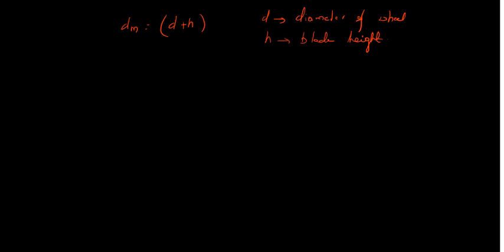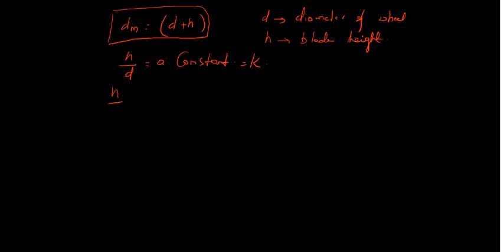Right? Now we have a standard value for any particular design. This h by d is a constant value. If you remember this constant value, and sometimes it is given in the problem statement, you can find the value of mean diameter, right? And generally we represent h by d as a constant. And how do we represent a constant? With the letter k.